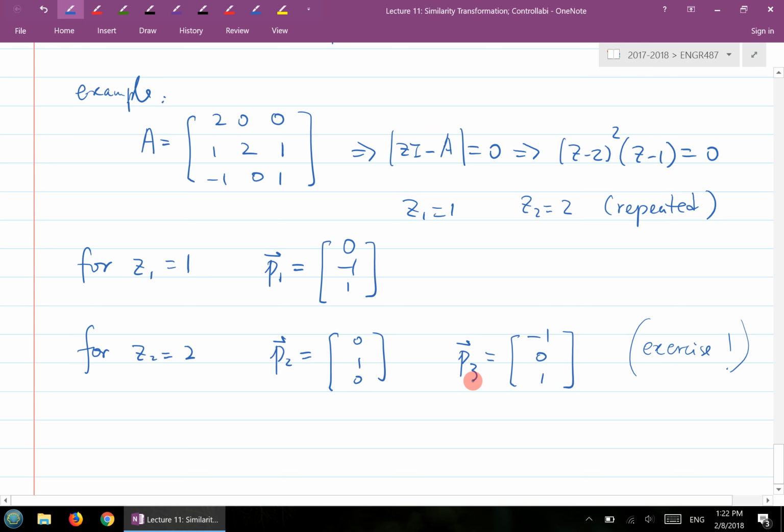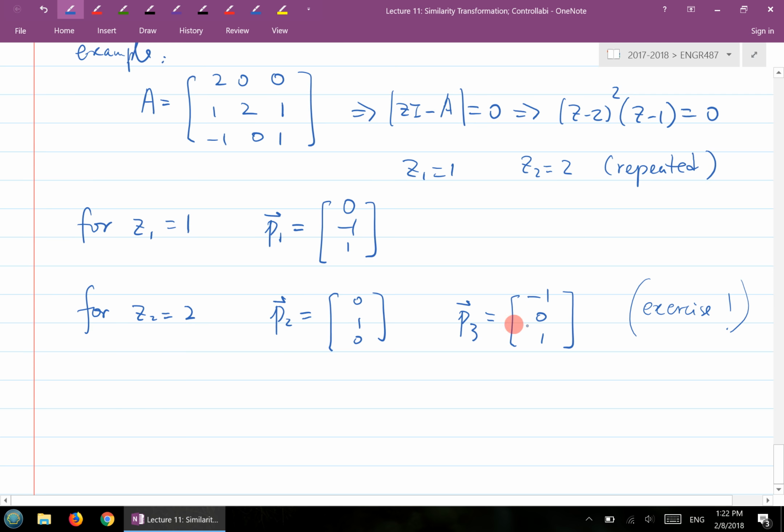So there are two eigenvectors associated with this one eigenvalue. Now let's look at each of the eigenvectors and whether they are linearly independent or not. You can use Alpha to help you, but this is obviously a linearly independent case.